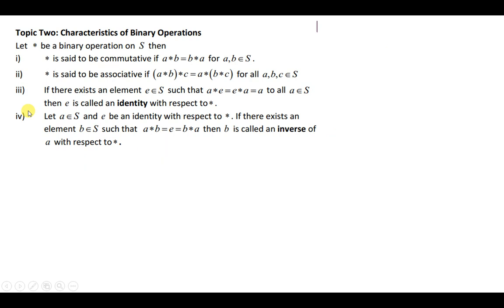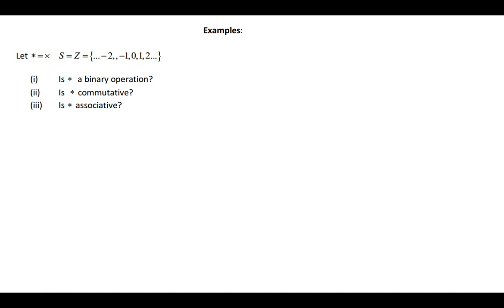So let's move on and look at this example here. You've been given: let star be multiplication, and the set that has been given is the set of integers ranging from negative infinity to positive infinity. The first question is, is star a binary operation? How do you tell? Our star is simply multiplication here.